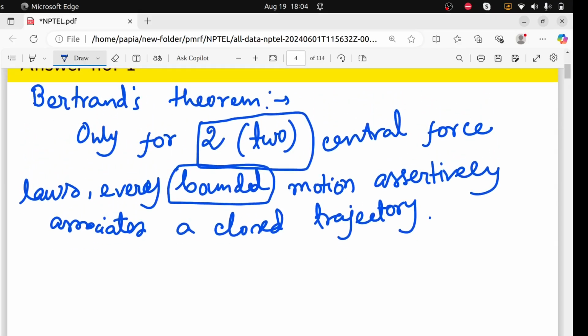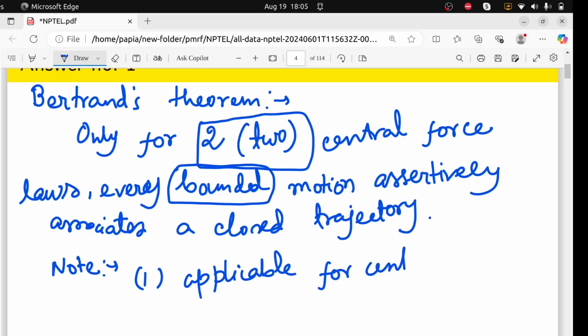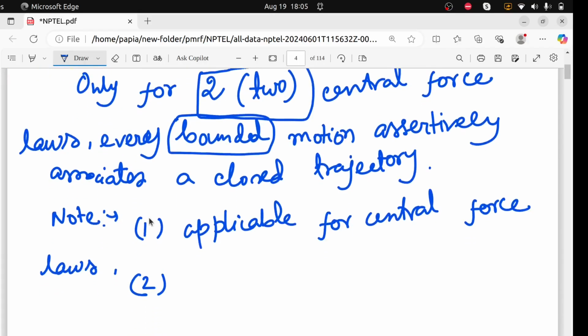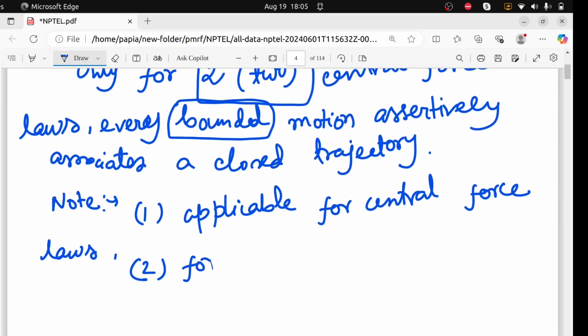So two things we have to mention. Bertrand's theorem told us that it is applicable for central force laws, that is the first one. It is applicable only for two central forces.